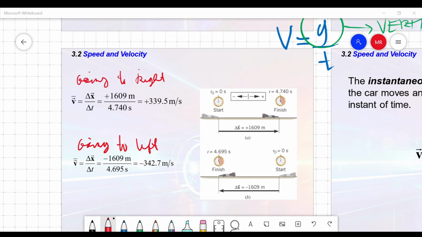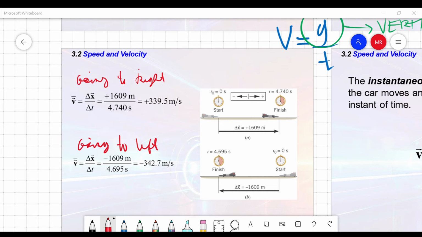So going to the left, okay, 1,609 meters divided by 4.695 seconds. This is negative 1,609 because from right going to the left ito.